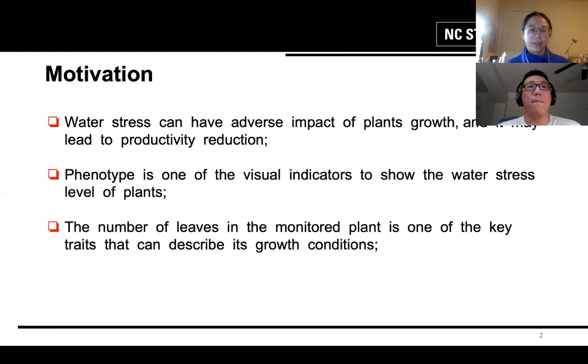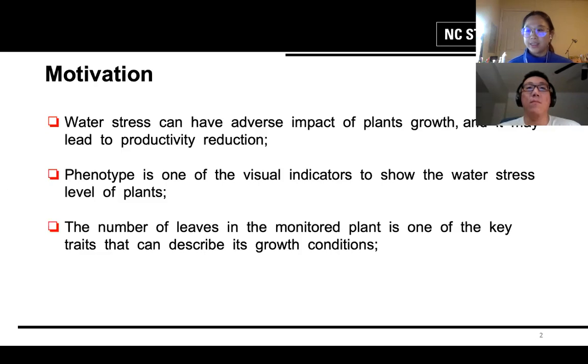So phenotype is one of the visual indicators to show the water stress level of the plants. And we can use the number of leaves in the monitored plant as a key trait that can describe its growth condition. Thus, leaf count could be used as a fundamental step to obtain the number of leaves from a given plant image.